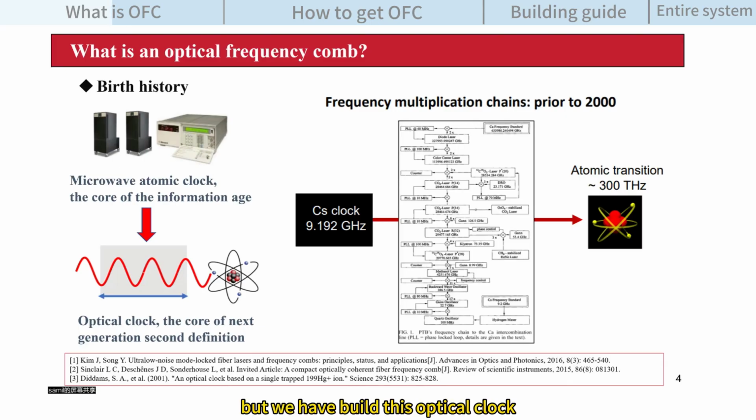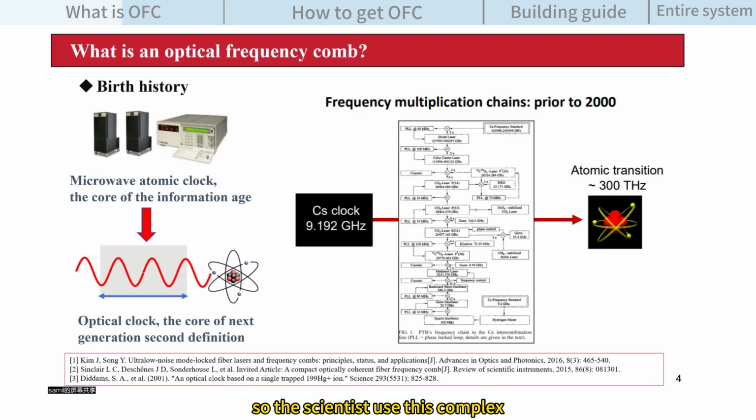But we can build this optical clock. How do we measure the frequency so we can get the time from the clock? On the right, this is the technique we call the frequency multiplication chain, or frequency division chain.